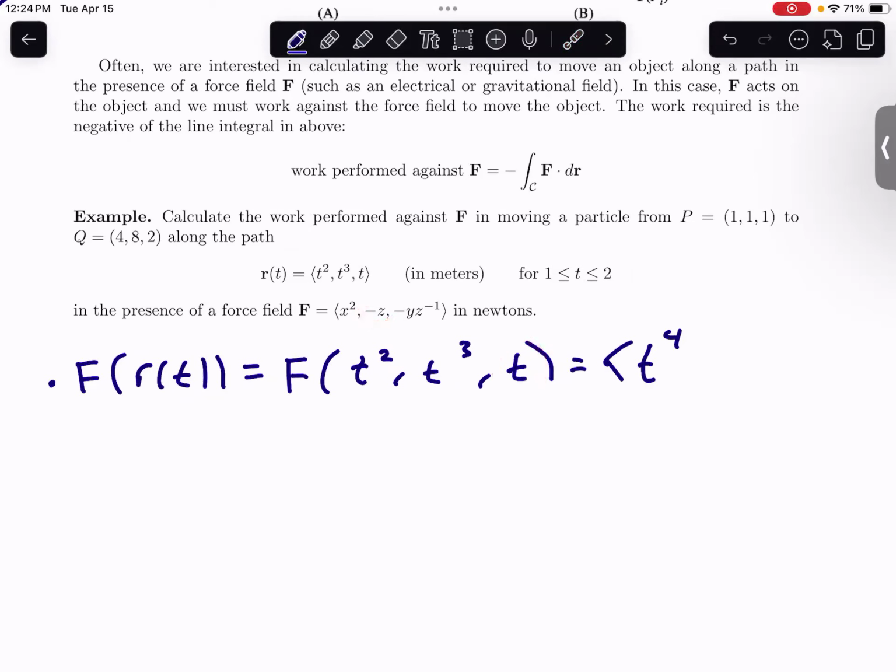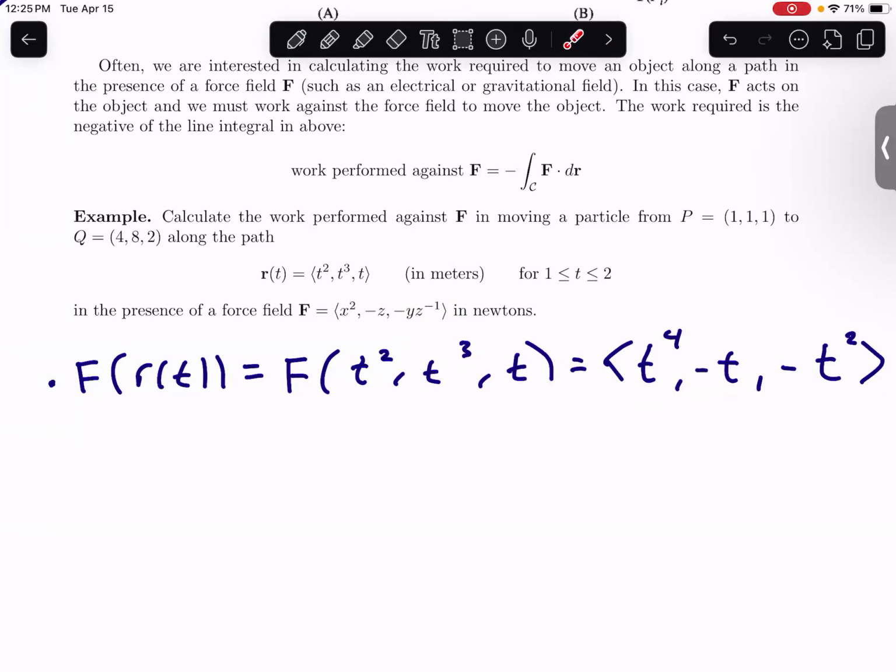So this is going to be minus T in the second component. And then the third component is minus Y times Z, or the reciprocal of Z. So you're taking minus T cubed and then dividing it by T. So that'll give you a minus T squared. So this is the composition of F with R.